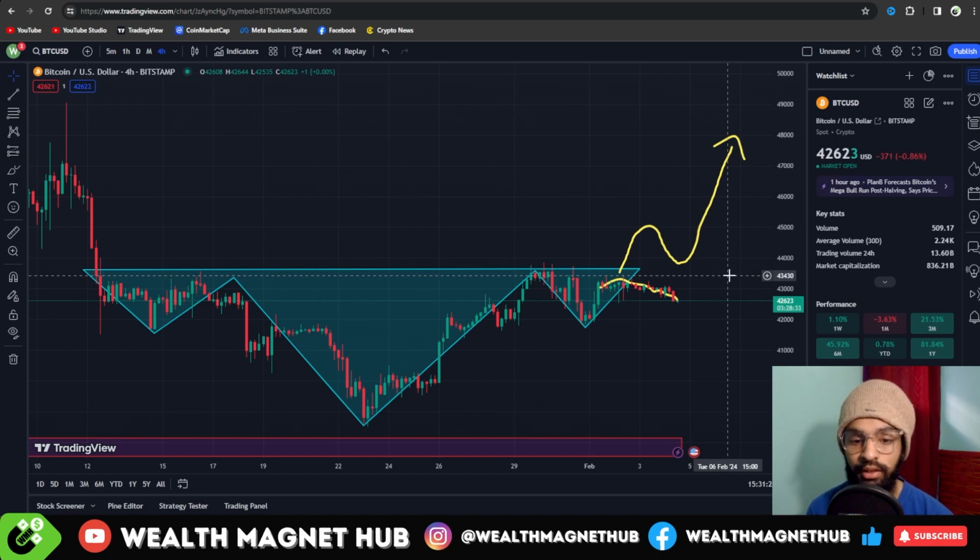We are to see the breakout very soon, this inverted head and shoulders pattern that we are seeing in the Bitcoin 4-hour time frame. We have to wait for the confirmations of the breakout before we put any long or short trades. That hasn't happened yet, and it's not the smartest move to place a trade right now.